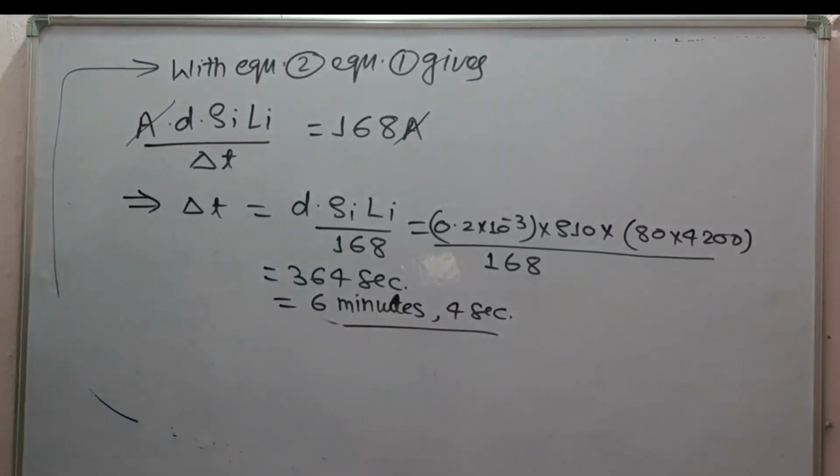Thus, in 6 minutes and 4 seconds, a new ice layer of given thickness should be formed.